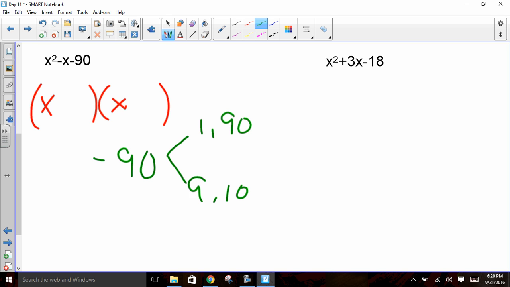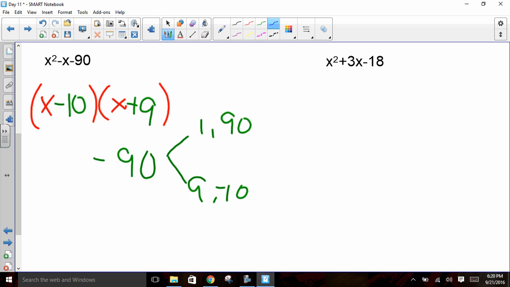I want to get to negative 1. So do I want negative 9 plus 10? Or do I want 9 minus 10? We want that minus 10 because 9 minus 10 gives me that negative 1. So my answer here is going to be x minus 10, x plus 9.